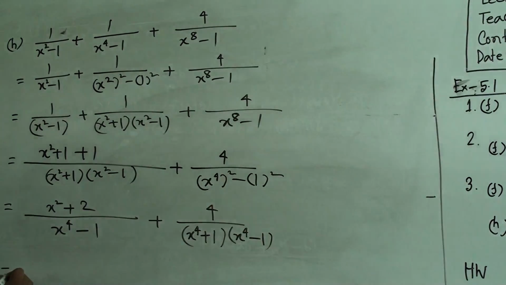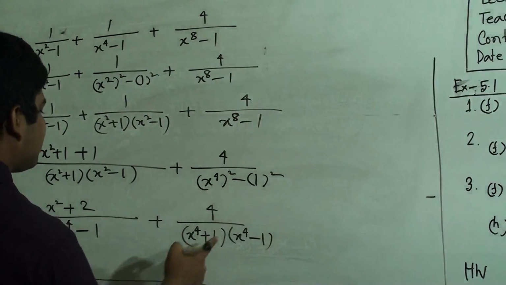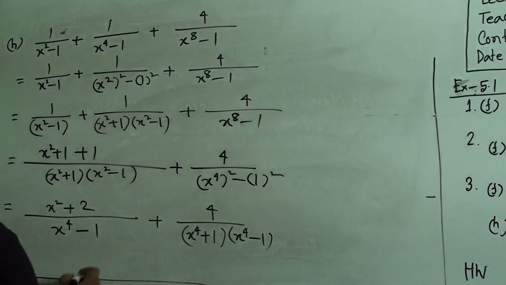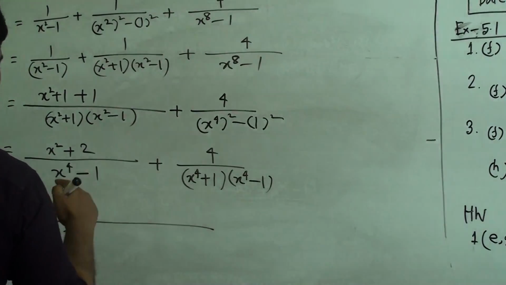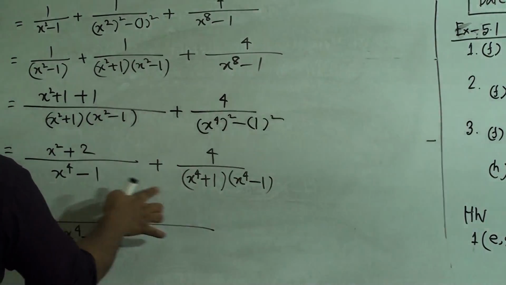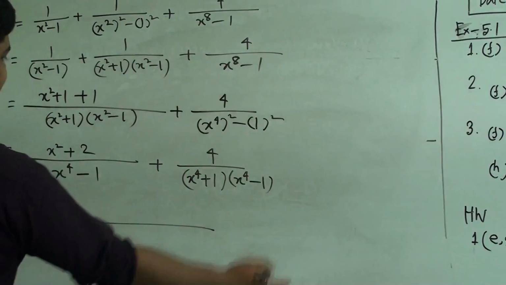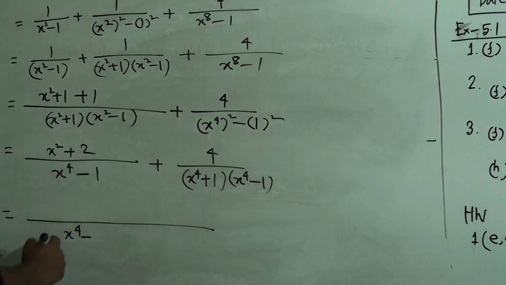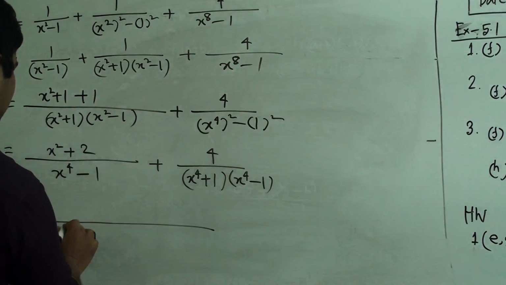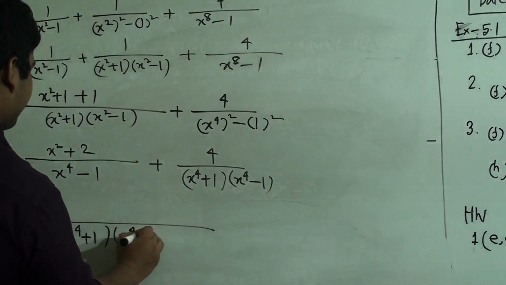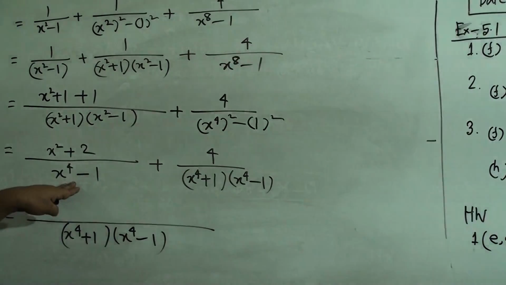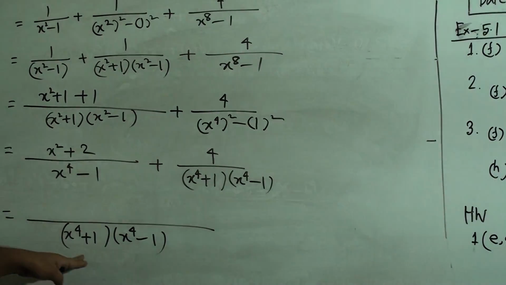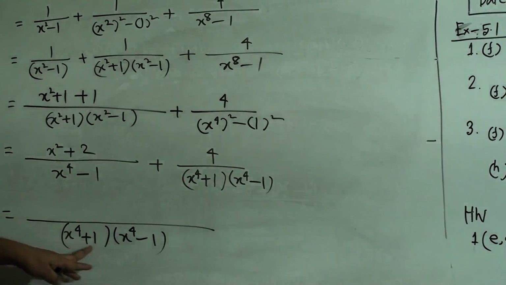Okay, now we do addition of these two fractions again, and the denominators of the fractions are x to the power 4 minus 1 and x to the power 4 plus 1, x to the power 4 minus 1, and its LCM is x to the power 4 plus 1 and x to the power 4 minus 1. Now we do division, and if we divide this LCM by the denominator of the first fraction, we get x to the power 4 plus 1.